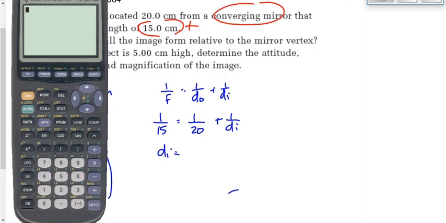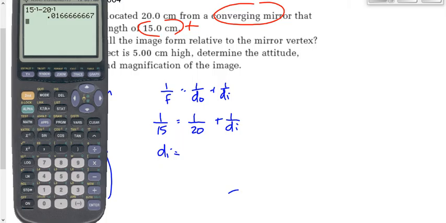But there's a nice quick way of doing it on your calculator. Watch carefully, and everybody follow along. I want you to go 15 x to the minus 1. That's 1 over 15. Subtract 20 x to the minus 1. Press equals, and that gives me 0.01667. That doesn't give me DI, right? That gives me 1 over DI.